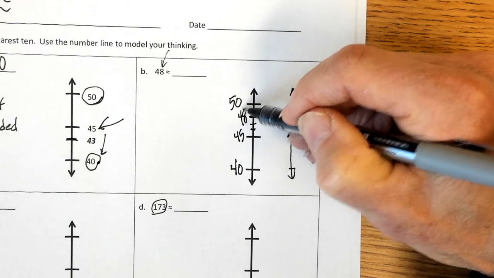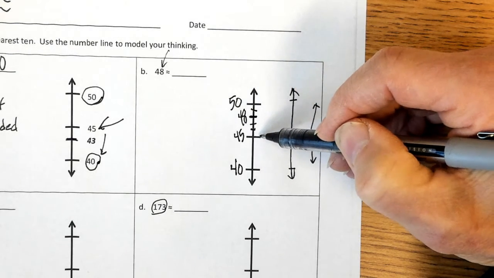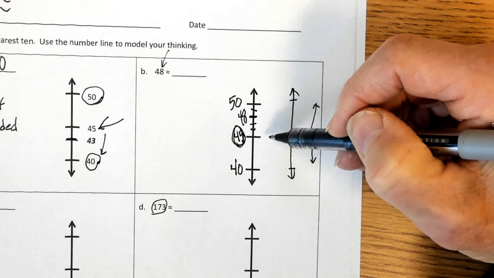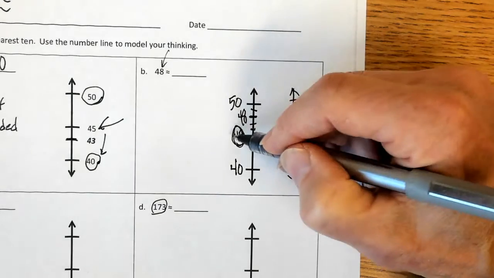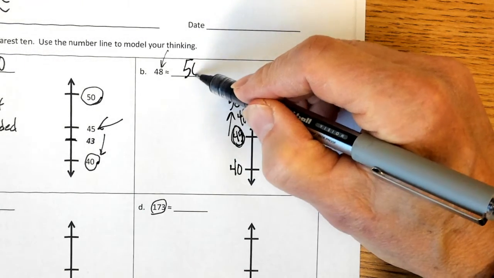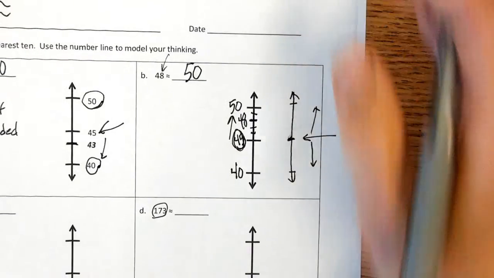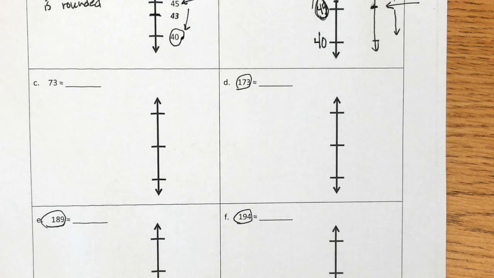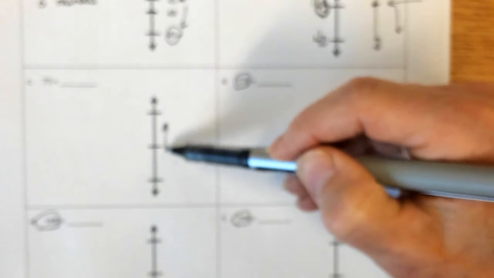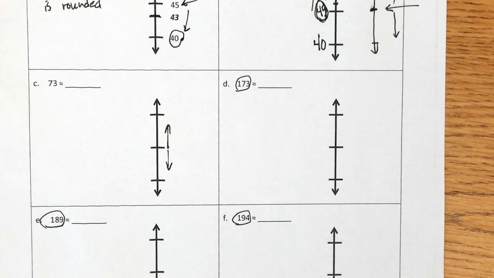And we ask ourselves, is it above the midpoint? Greater than the midpoint? Yes. So we round up to the next highest 10. Essentially, that's the rule that we're going to keep referring to. We're going to keep asking ourselves, is the number greater than the midline or less than the midline? And that's going to help us make the decision which way to round it.